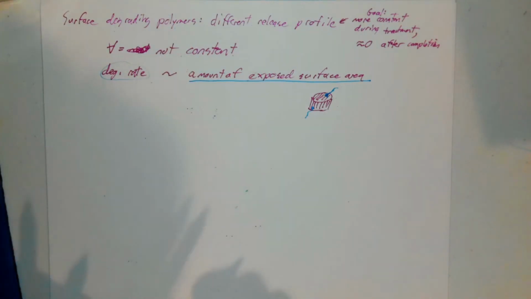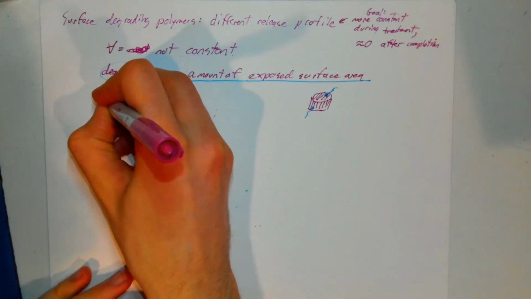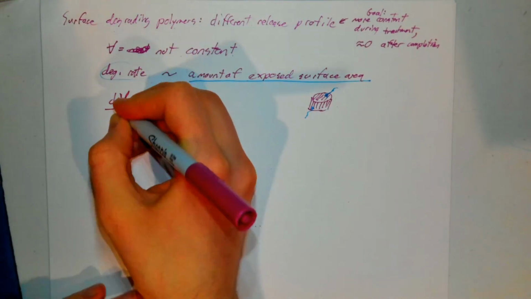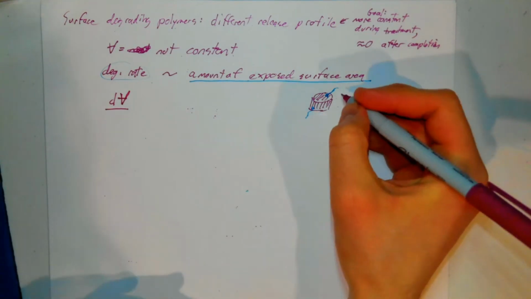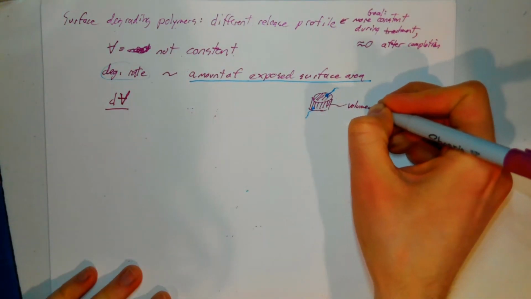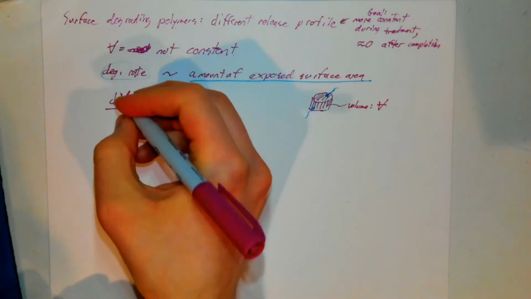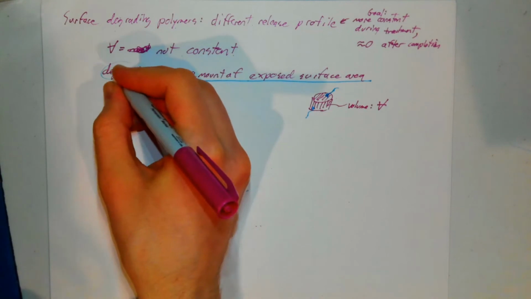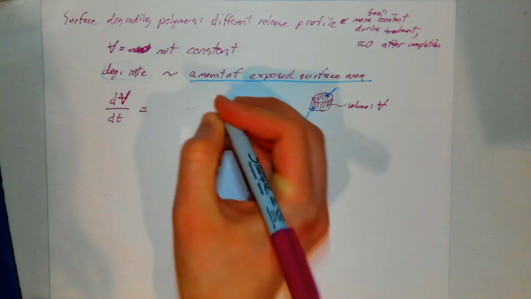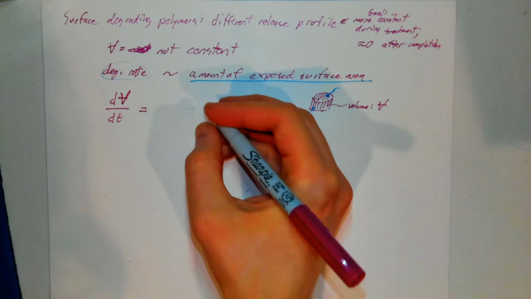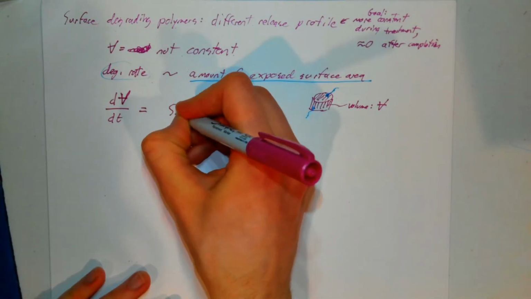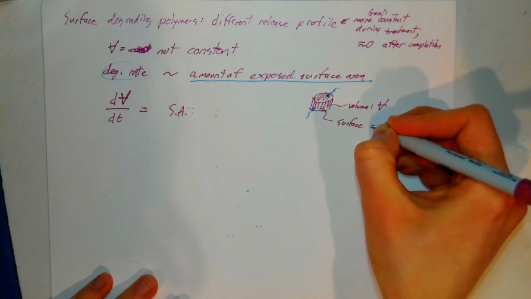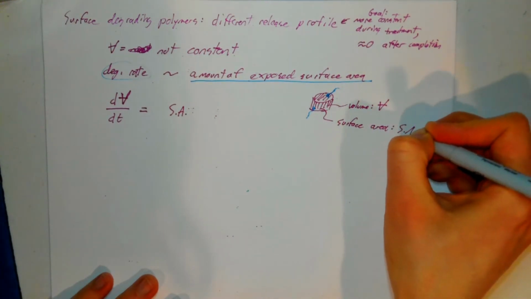If we wanted to put this mathematically, I could say the time rate of change of the volume V of my device is essentially the degradation rate, and it is proportional to the amount of exposed surface area, which I'll call SA.